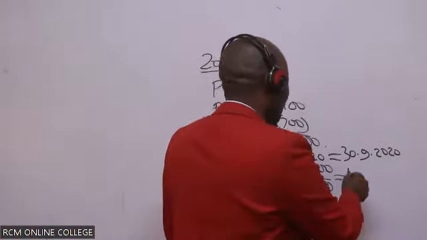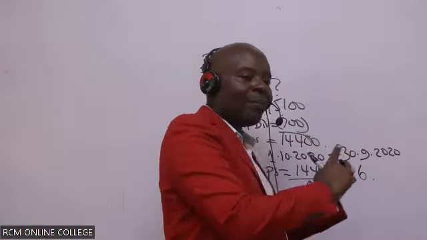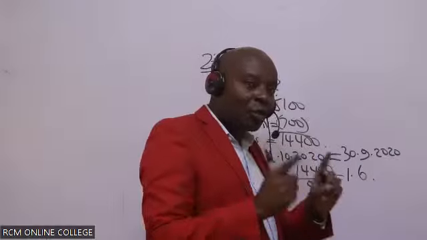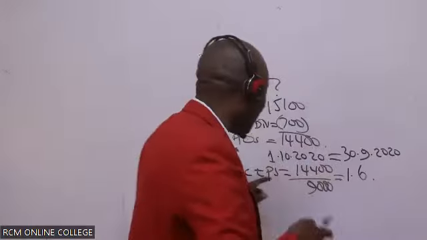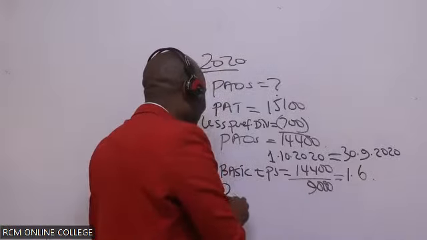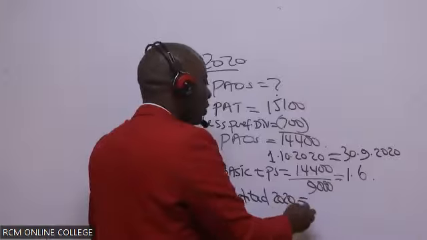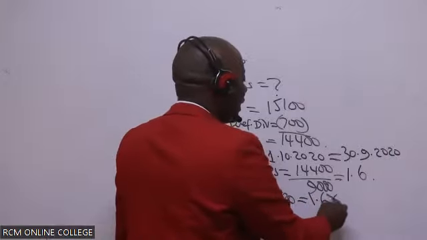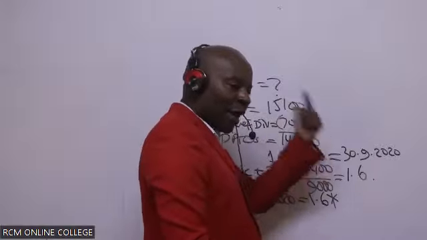This is it. But remember, because in 2021 we had a bonus issue because of the rights, we must restate. So restated 2020 will be equal to 1.6 times the reciprocal of that bonus fraction.